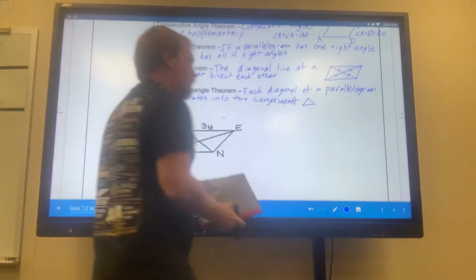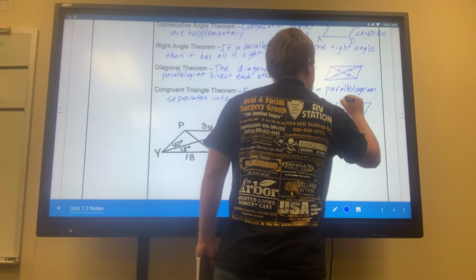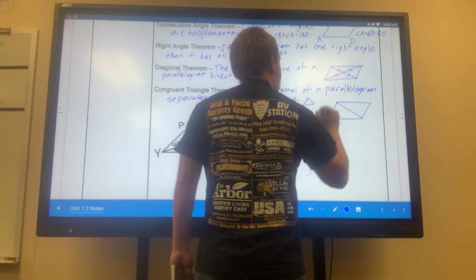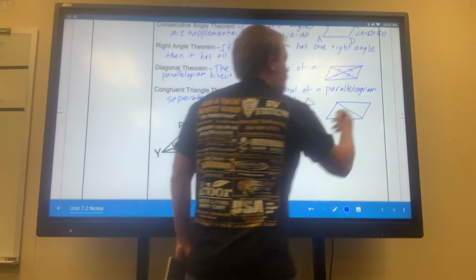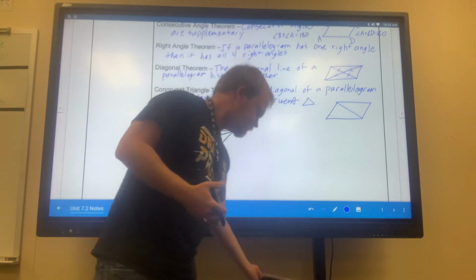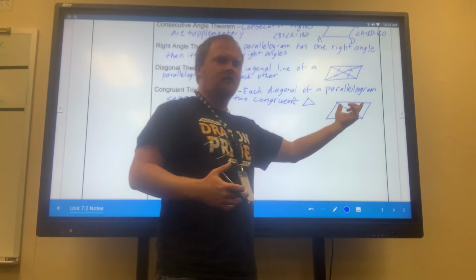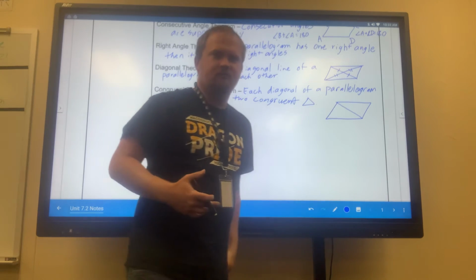So, what does that mean? Well, even if I just have one diagonal line, like this, these two triangles are actually congruent to each other. It doesn't matter which one I look at, they're both going to be congruent to each other.